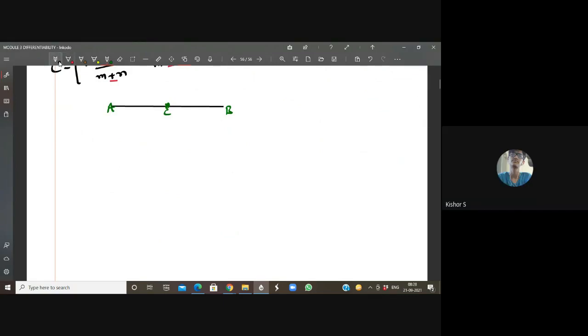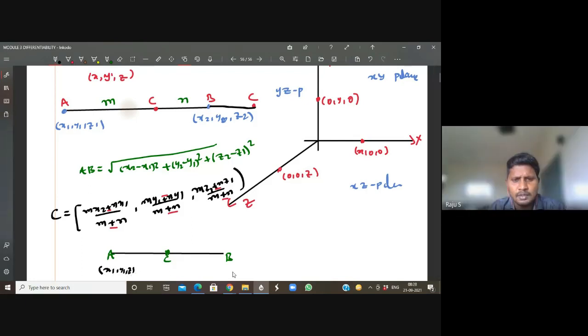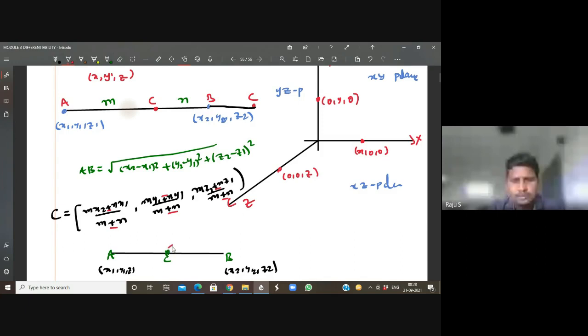So here x1, y1, z1 and this is x2, y2, z2. The midpoint is given clearly by x1 plus x2 by 2, y1 plus y2 by 2, z1 plus z2 by 2. This is clearly the point C, the midpoint formula.